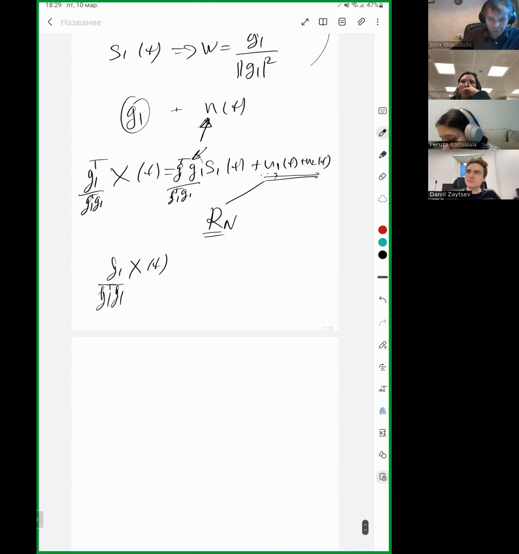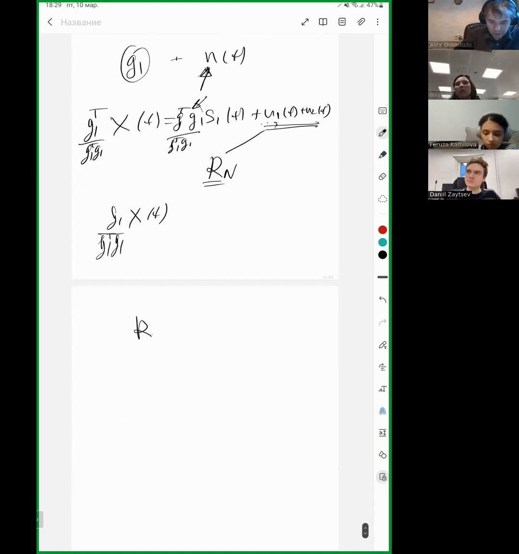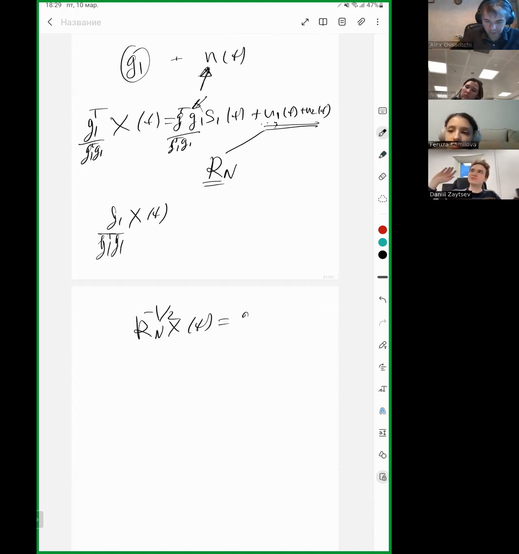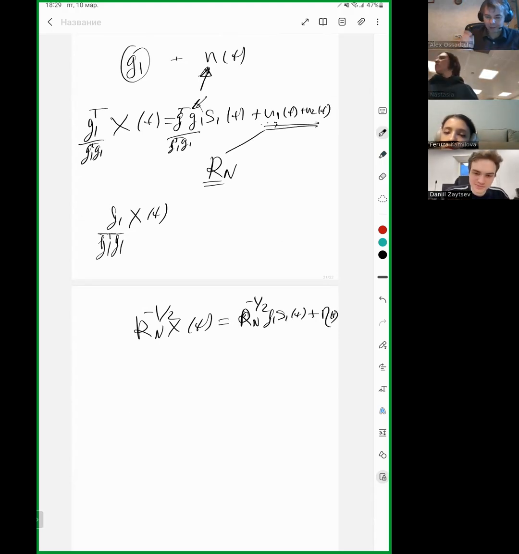Therefore, what you have to do is whiten your data by R n to the minus 1/2: R n minus 1/2 G1 S1 of t plus eta of t, and this noise is white because you've selected R to whiten these two noises. You just sum them up and you whiten.